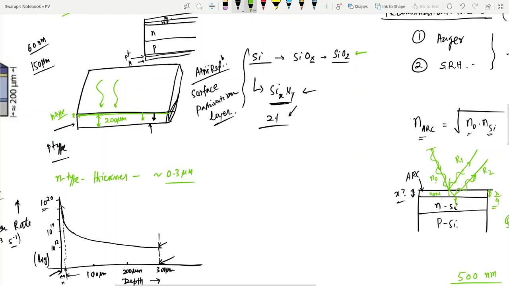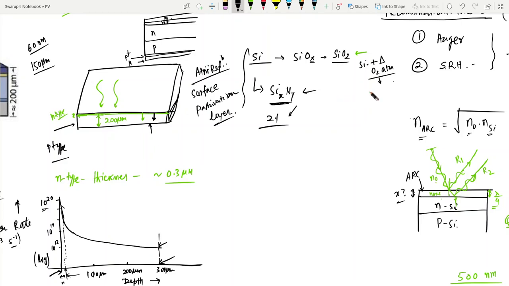If you are going with silicon oxide, then you take the silicon wafer and just heat it with oxygen atmosphere. Then the top layer of the silicon wafer will get oxidized and form a silicon oxide layer on top of the wafer.